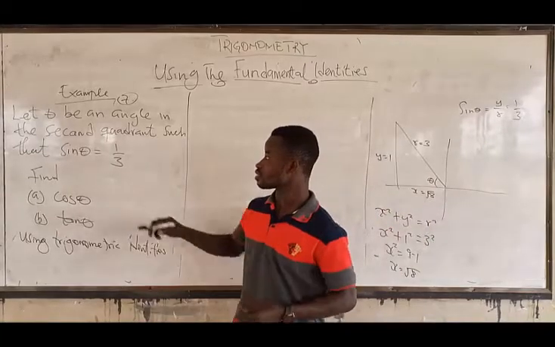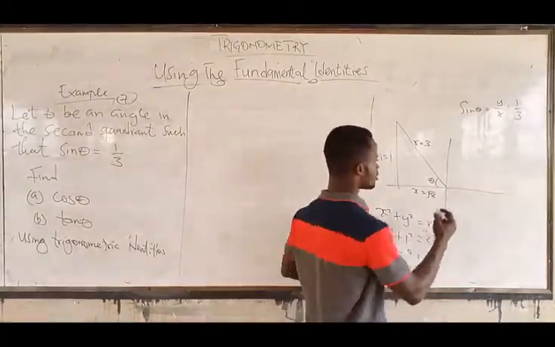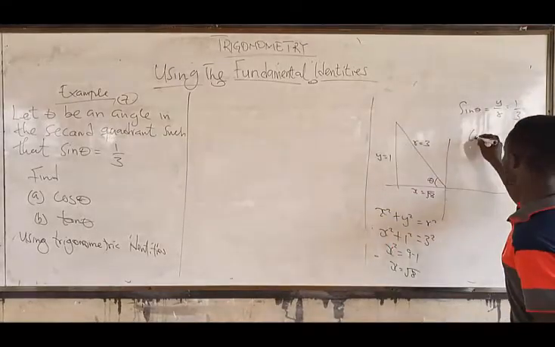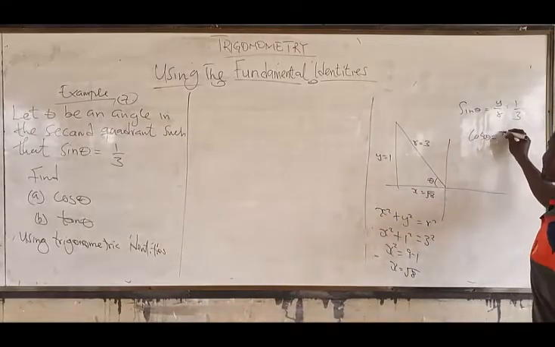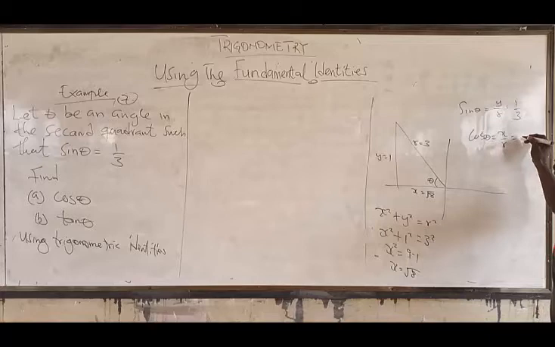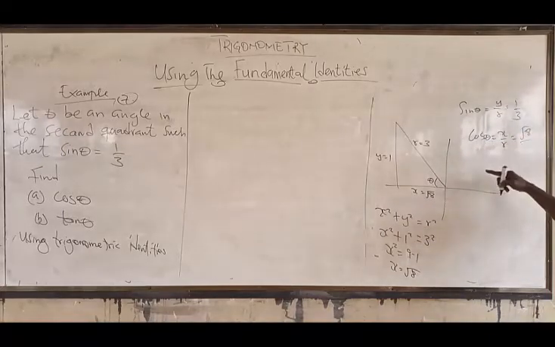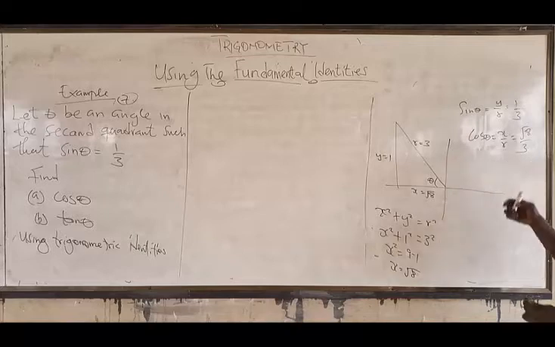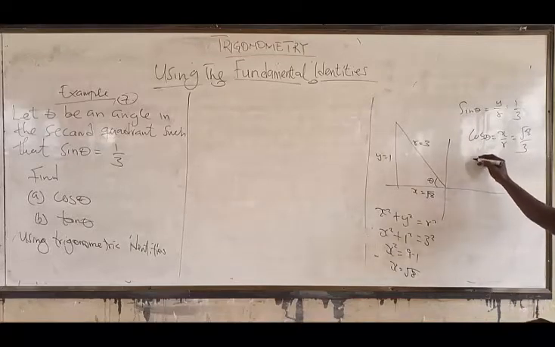So since we know sin is already 1/3, we can now get cos theta. That is s over r. Now s is the square root of 8, and r is 3, so cos theta will be square root of 8 over 3. Then we go for tan, in case that will be needed.